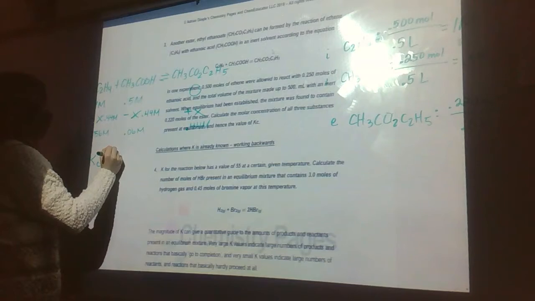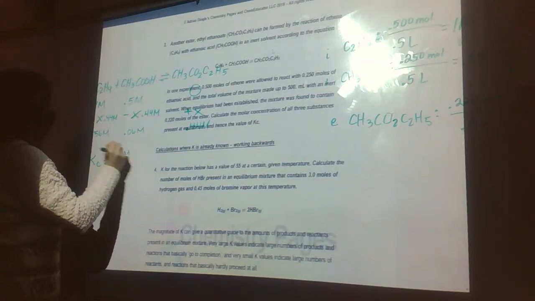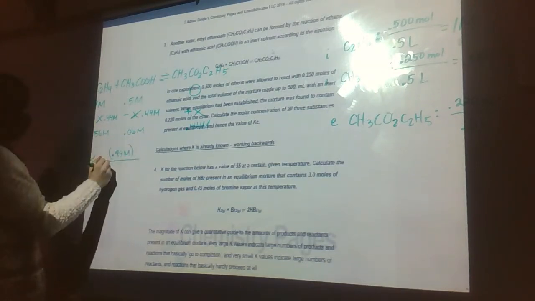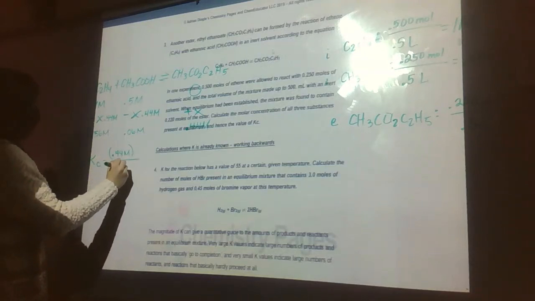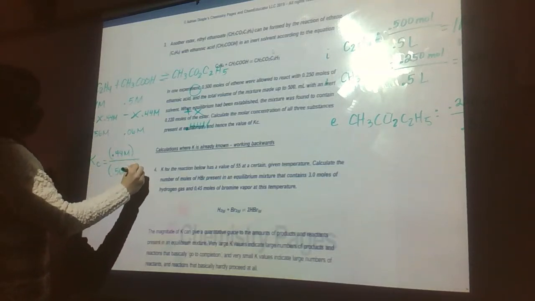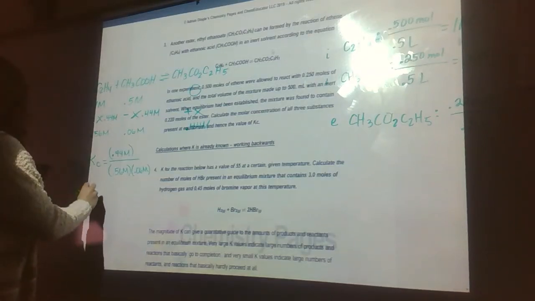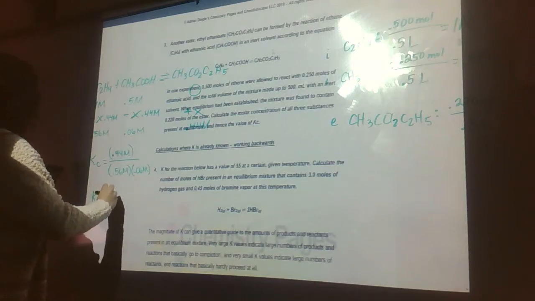So now, to calculate Kc, I take the concentration of the product divided by the concentration of the reactants, and I get a Kc value of 13.1. No units on Ks.